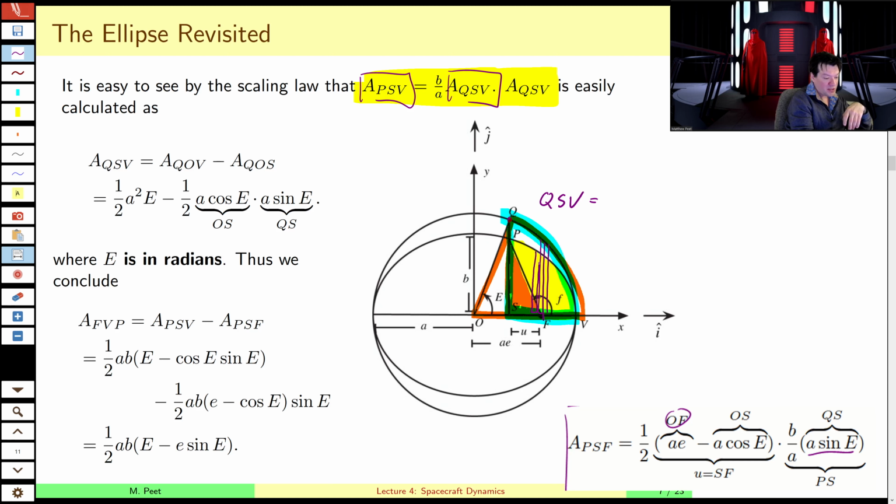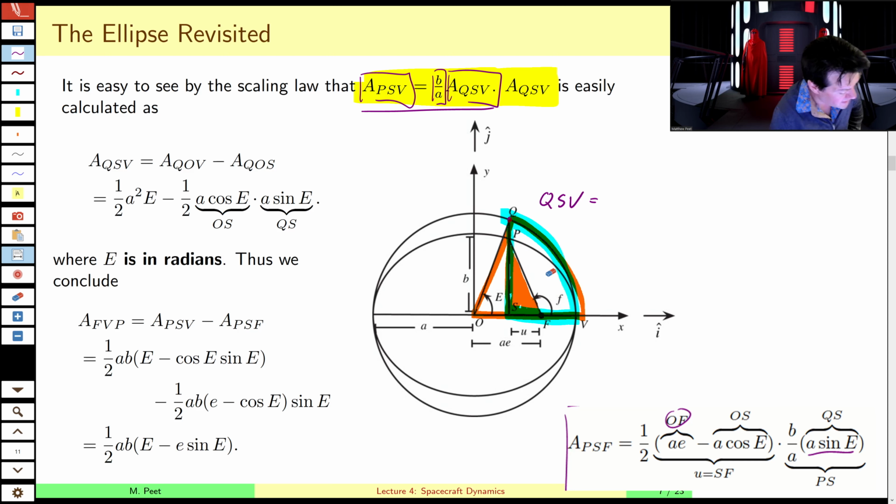On the ellipse, the infinitesimal bars that we're integrating for PSV are scaled from the circle by a factor b over a. And so the integral along x for PSV is just the scaling ellipse constant times the area of QSV. So we get this nice equivalence for PSV in terms of something which is easier to calculate, QSV.